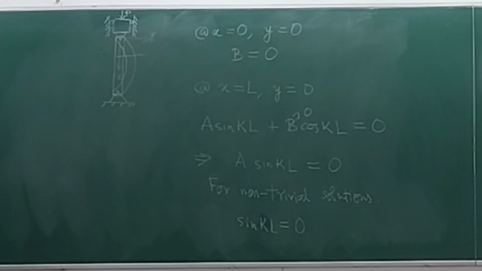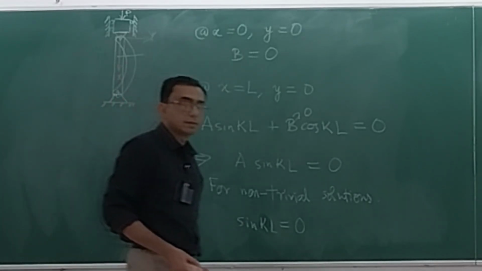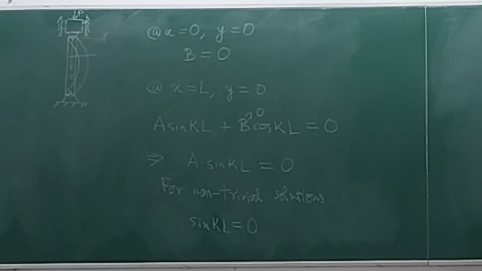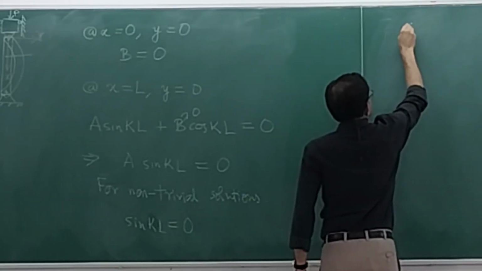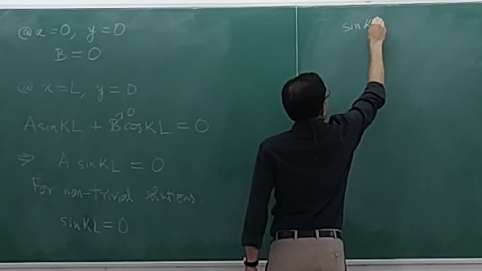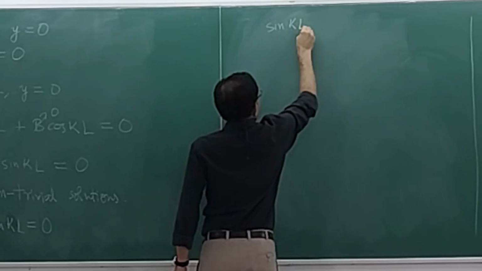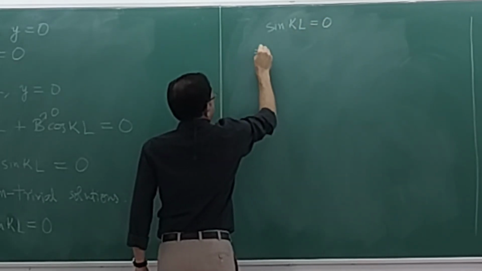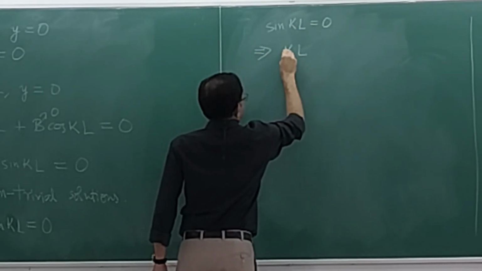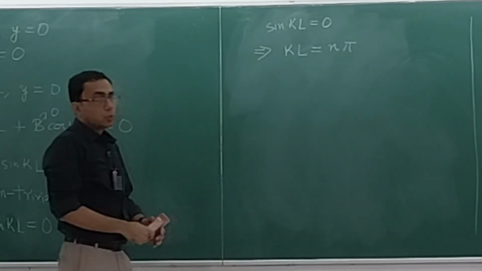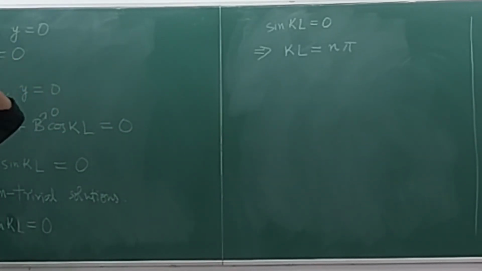What is the implication of sin KL equal to 0? What is the value of n? n is equal to 1, 2, 3, all these things.